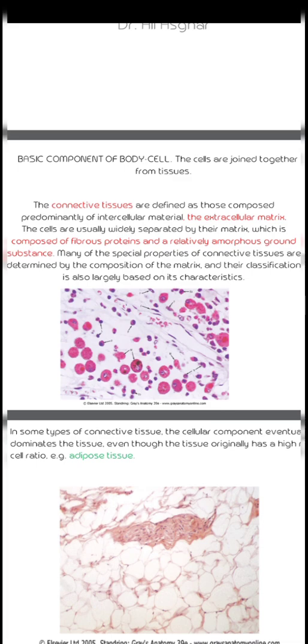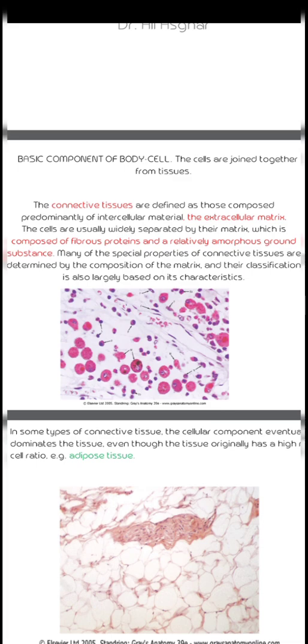Okay, so you need to understand it clearly. Intercellular material is the substance present within the cell, whereas extracellular matrix is the substance present between two different cells. Let me clarify it. A cell is a single entity with a particular structure: a cell membrane, nucleus, and all the organelles in between.